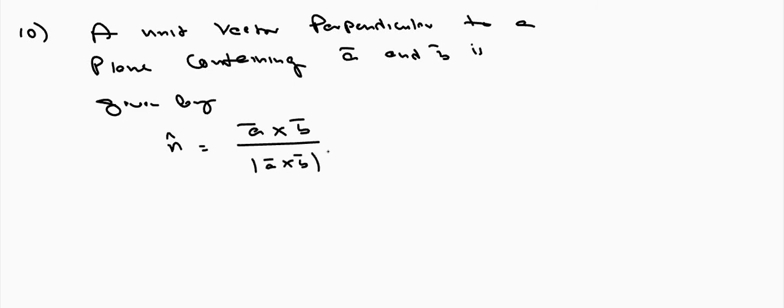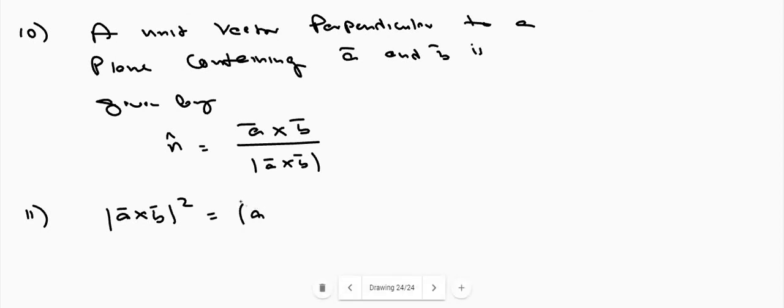A vector perpendicular to a plane containing A vector and B vector is A cross B. A unit vector perpendicular to a plane containing A vector and B vector is A cross B divided by modulus of A cross B.